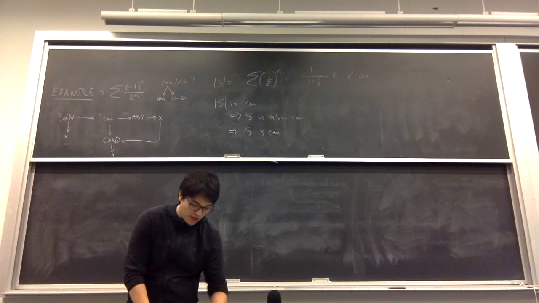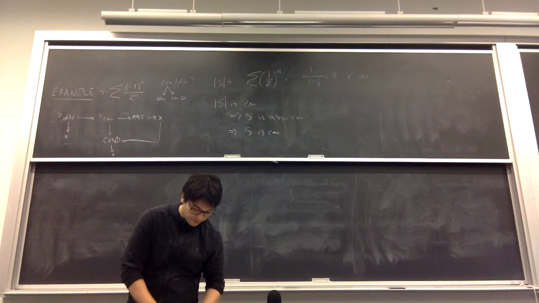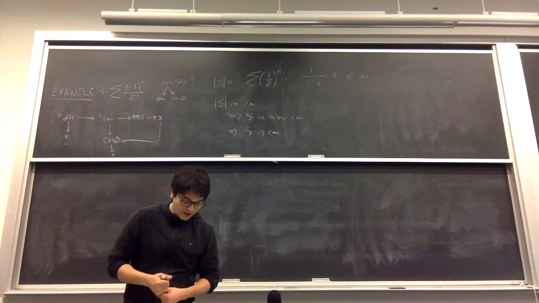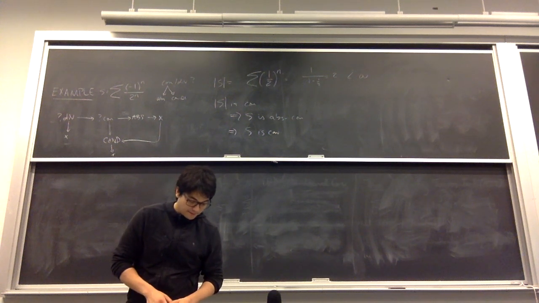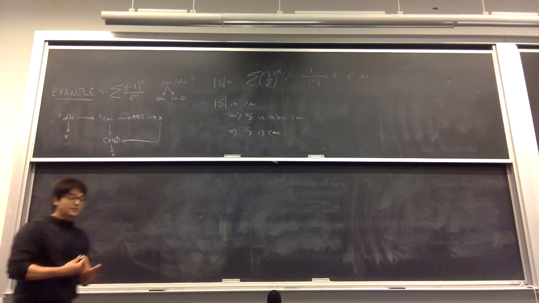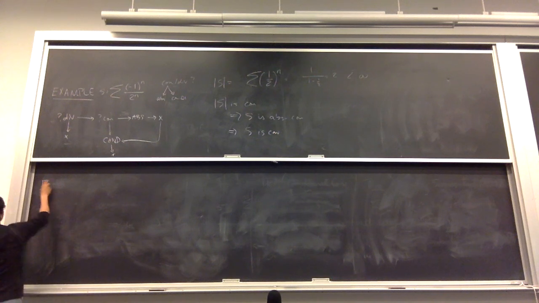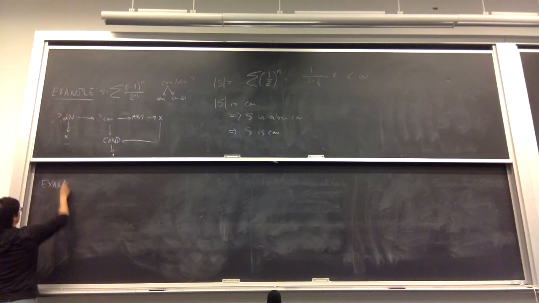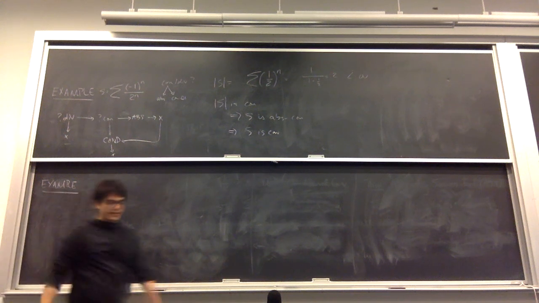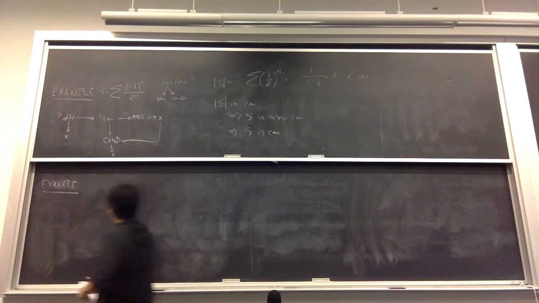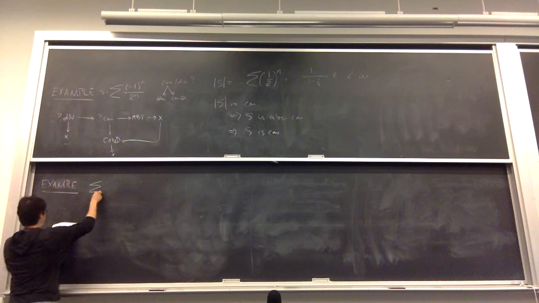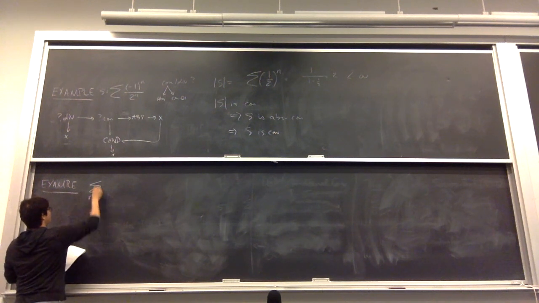Okay, we're going to try one that's a little bit more difficult because we're going to have to borrow from other parts of the class. We're going to have to utilize all of our knowledge. So let's start from the beginning on an example, and we'll do absolutely everything. So here's our example. It's the sum of n equals 1 to infinity.